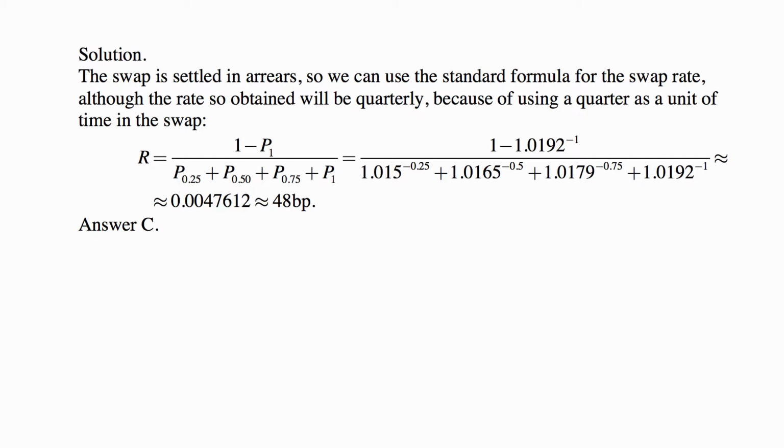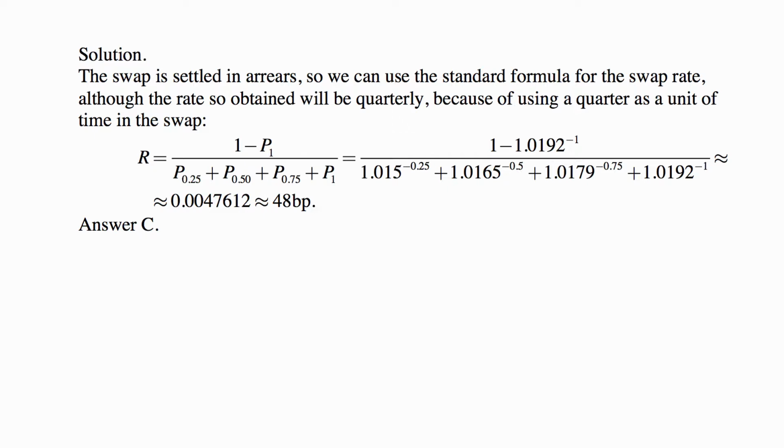And P's are prices of zero coupon bonds maturing at the time named with a value of 1, their prices today. We are given the spot rates, so the price of a zero coupon bond maturing at a specific time will be just 1 plus the spot rate to the power negative time at which we are doing this.